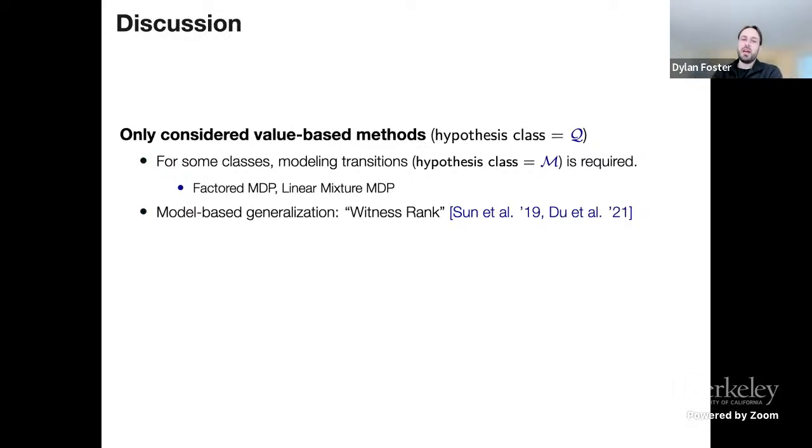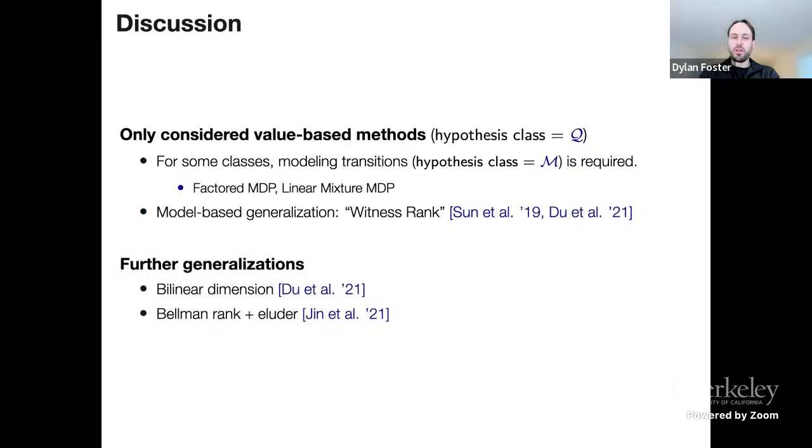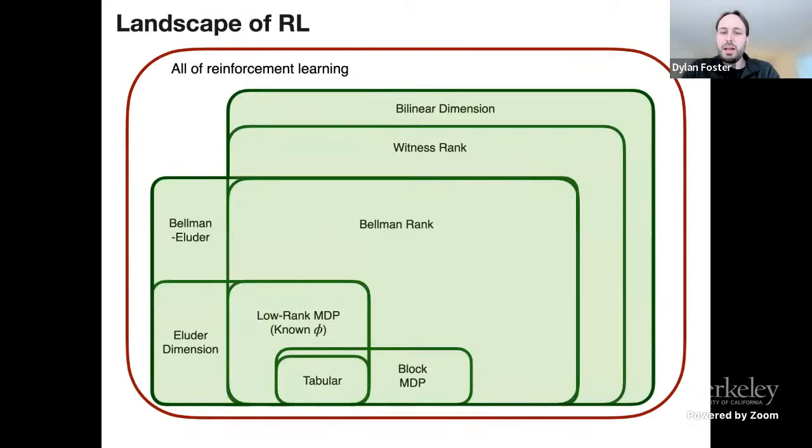I'll also mention there are other more general assumptions you can make on how the Bellman residuals factorize. These can also lead to tighter guarantees in certain settings. And if you take these into account, the full landscape will look something like this. So we have witness rank, where this model-based property allows us to extend beyond Bellman rank.